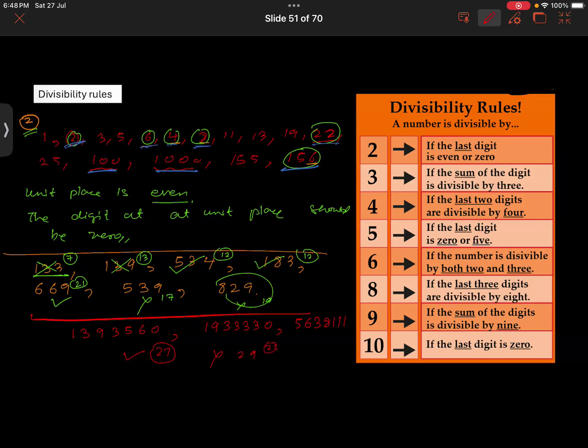Continue with the next number, 5638111. It's divisible. What is the sum? 27. So it is divisible. Very good. So you have understood this, right?